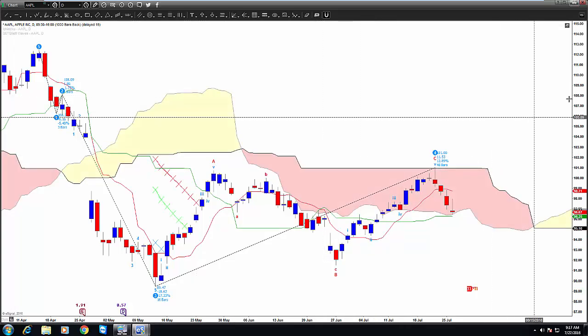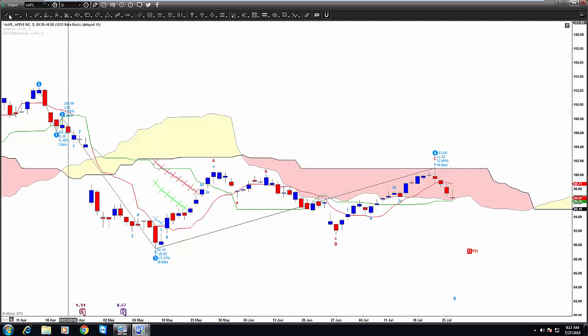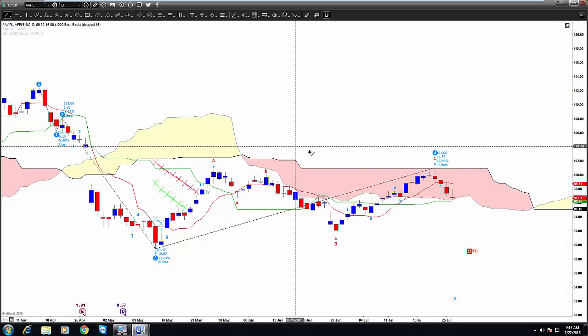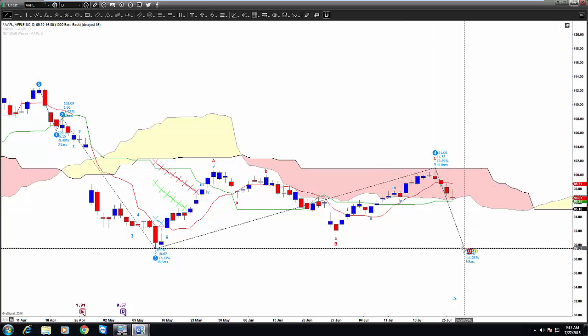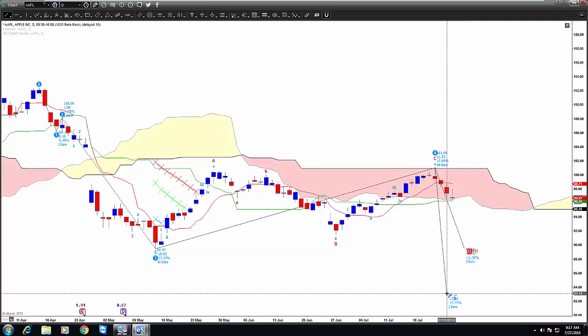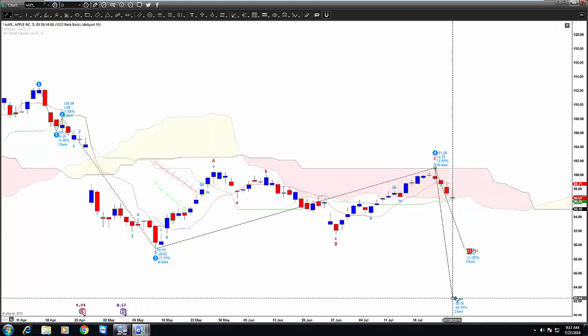Depending on who you talk to with Elliott Wave and what you've gone through in tutorial, there's different levels on where wave 5 is going to go to. Some people will say it's going to retest this pivot low, which will be right there, so they're going to target this level. Some people are going to say it's going to break the 100% and go lower. Some people have it going to 127%, which will be there.